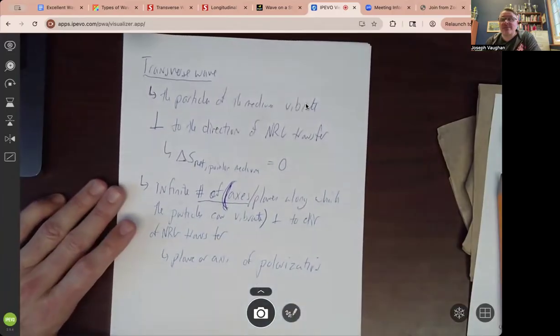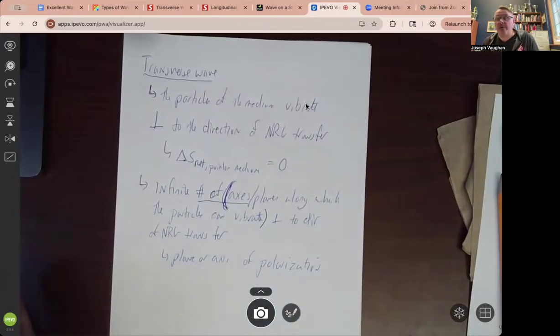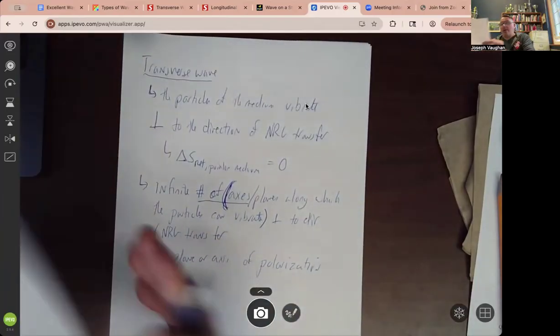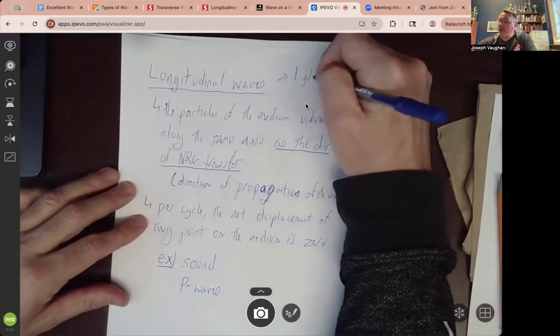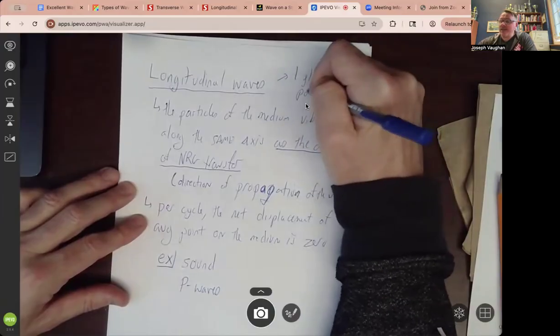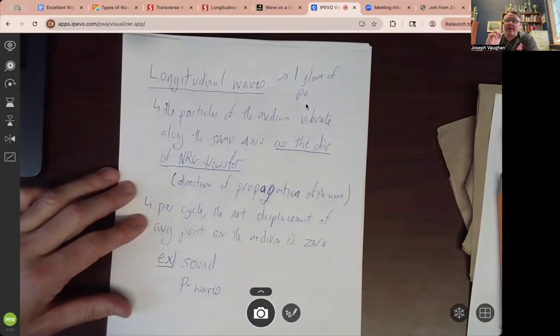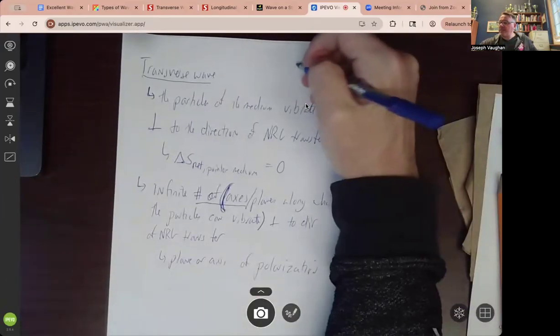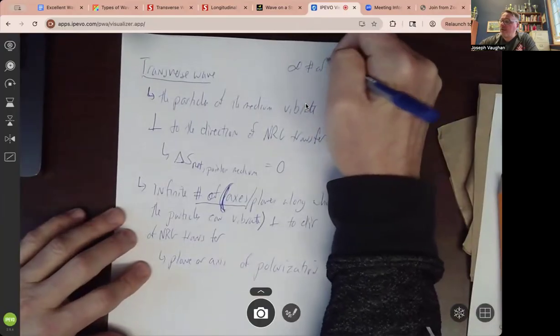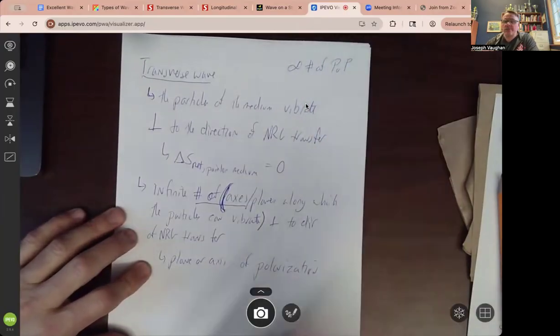So we say that a transverse wave can have an infinite number of planes of polarization. Longitudinal waves only have one plane of polarization, and that is the axis that is parallel and anti-parallel, so along the direction of energy transfer, right? But these have an infinite number of planes of polarization, okay?